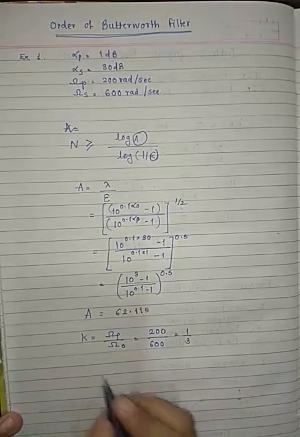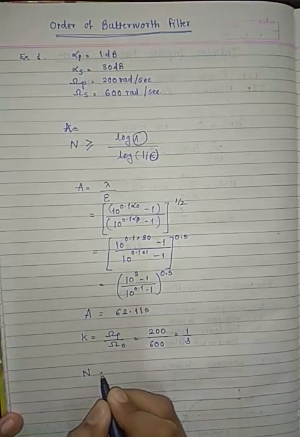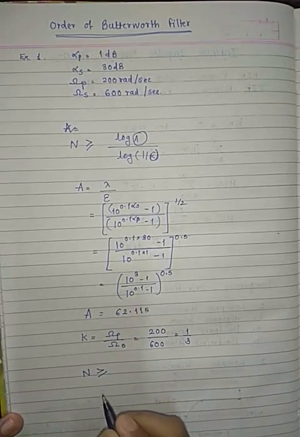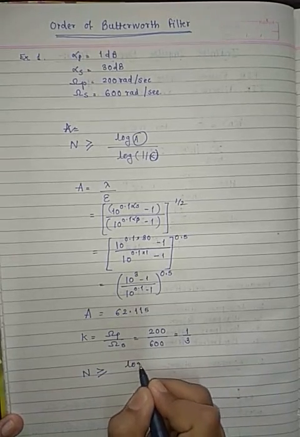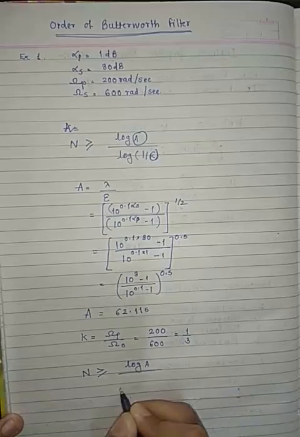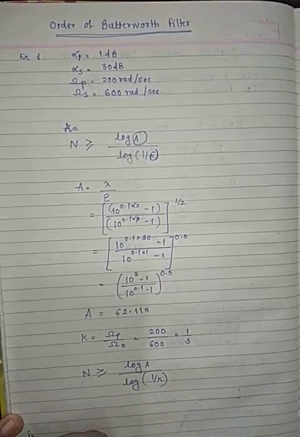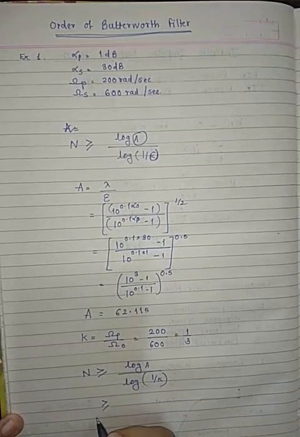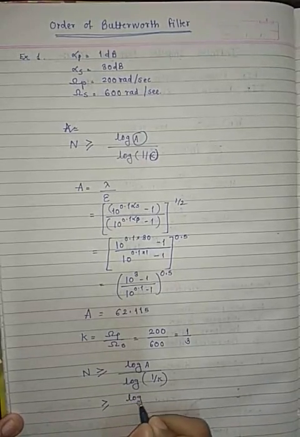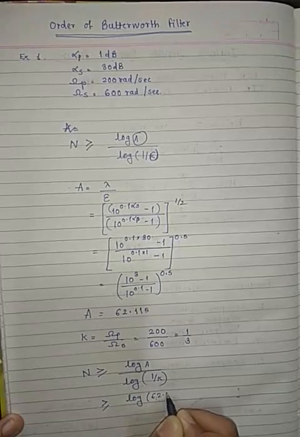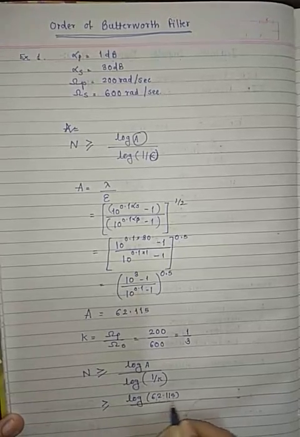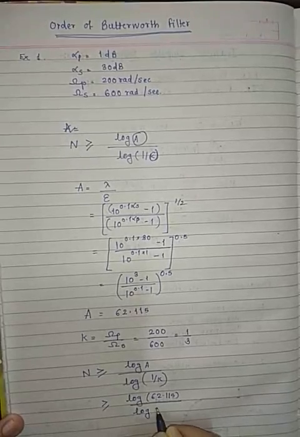Now substitute these values in the equation of n. So n is greater than or equal to log of A divided by log of 1 by k. So it will become greater than or equal to log of 62.115 divided by log of 3.